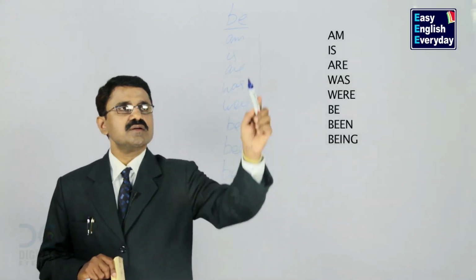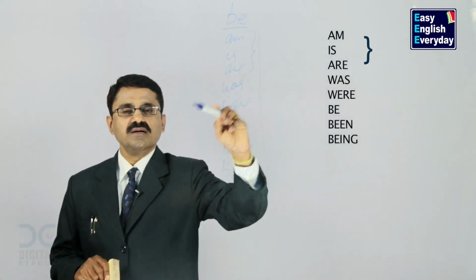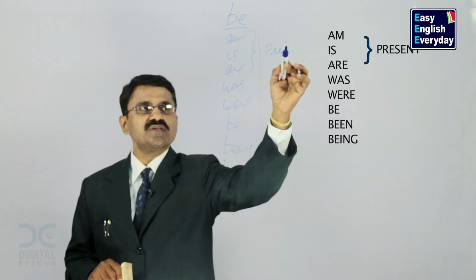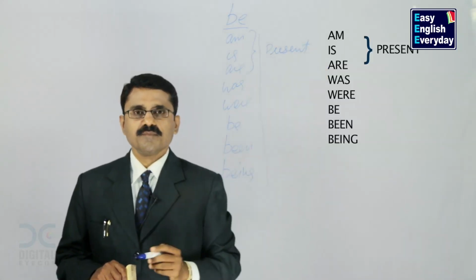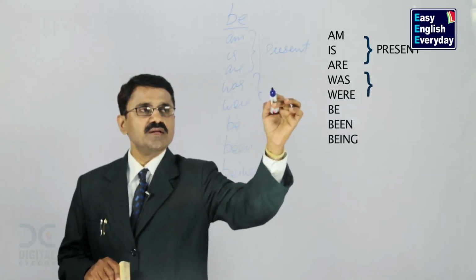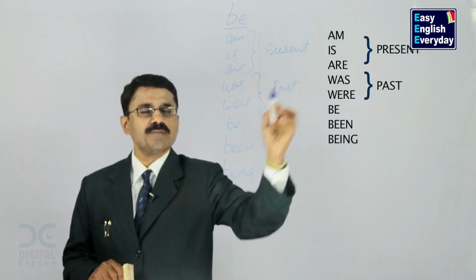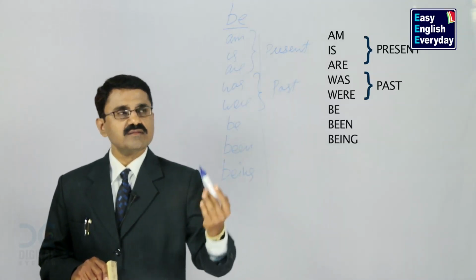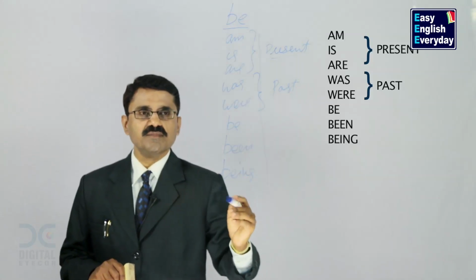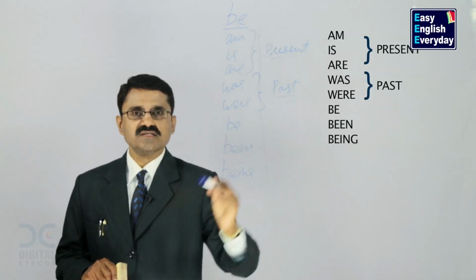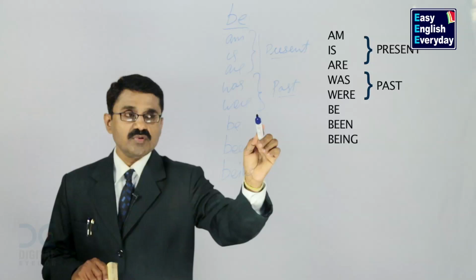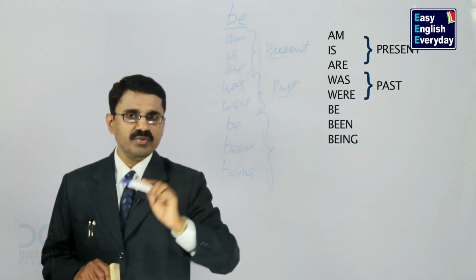And one more point. Am, is, are, you can use them for present. Was and were, you can use them for past. Am, is, are indicate present time. Was and were indicate past time. What about be, been, and being?